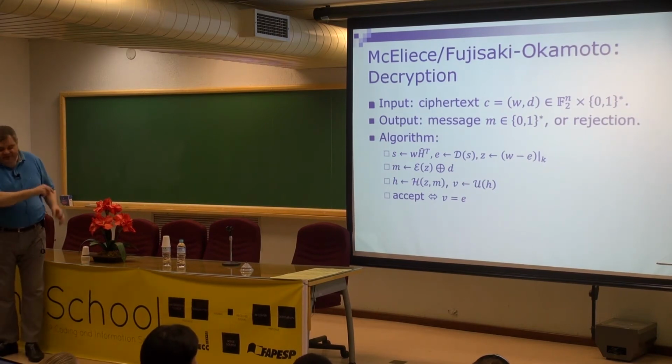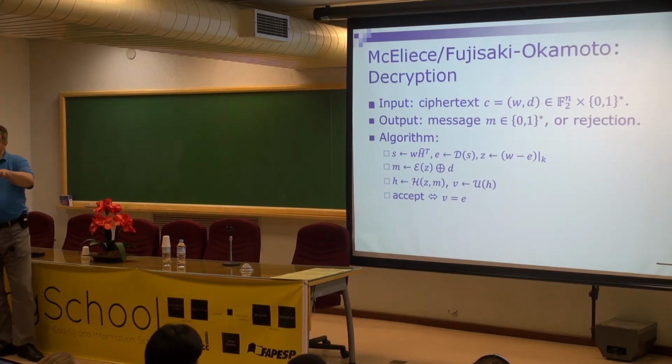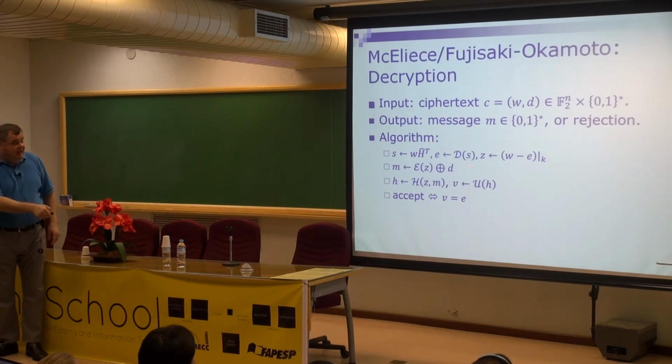This notation means take the first k bits, so we read the first k components because the generator is in systematic form, and this way we recover Z.